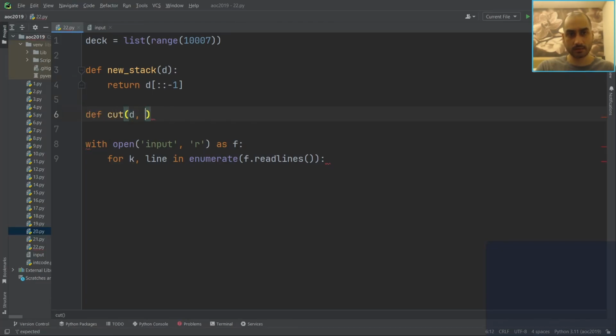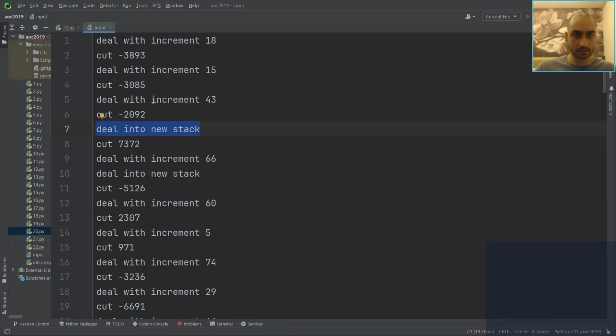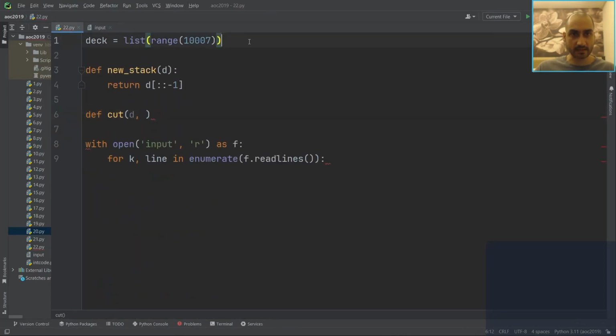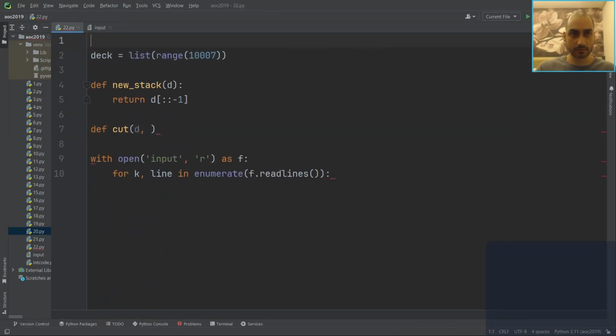Cut. So if we cut with a number, well, so let's define n to be 10,007. I have a feeling they might give us a bigger number next time for part 2.